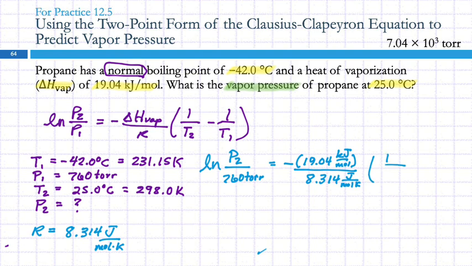And then we've got 1 over T2, which is 298.0 Kelvin, minus 1 over T1, which is 231.15 Kelvin.